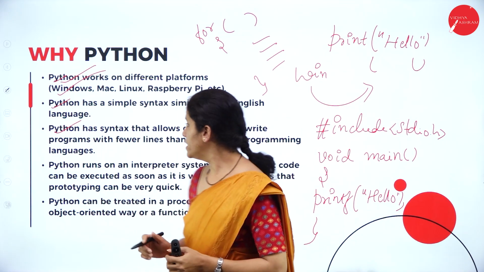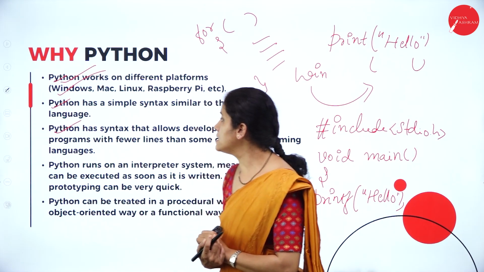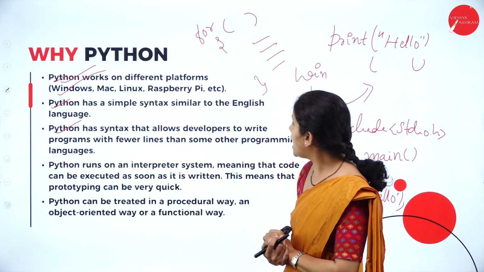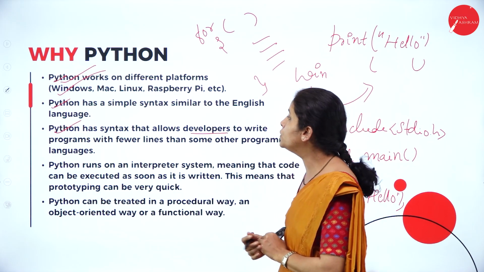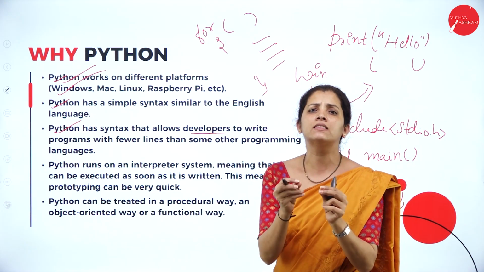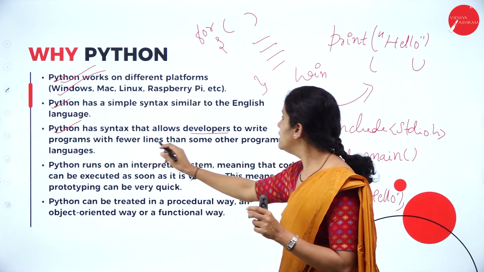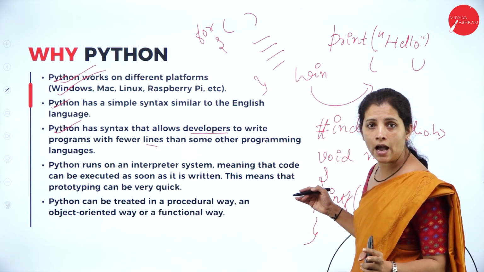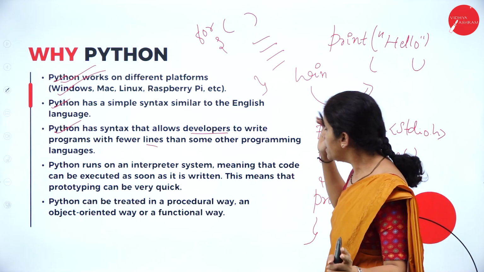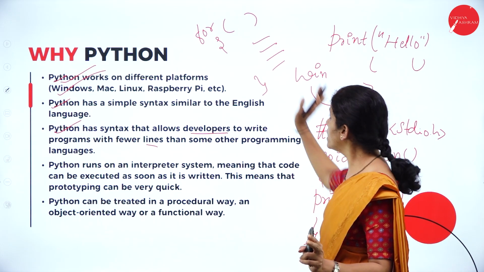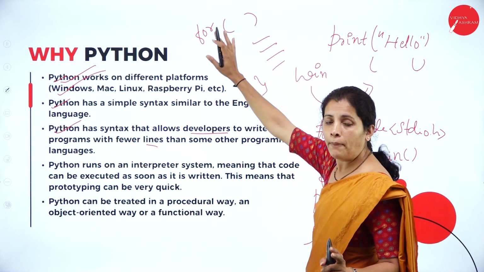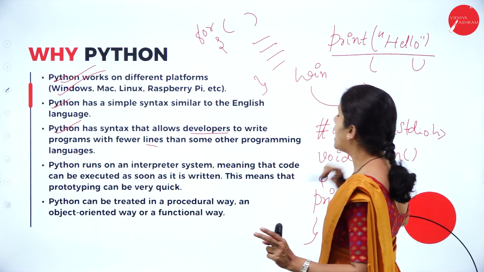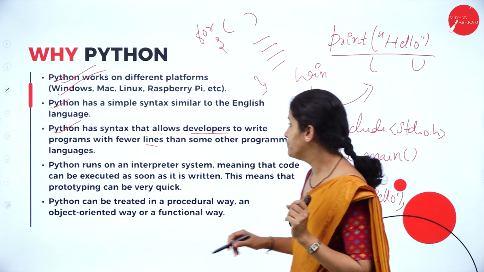Okay, so here Python has syntax that allows developer to write the program with few lines. See, if I consider C programming, how many lines I have? Total 5 lines. If I translate same program to Python, how many lines? I have only one line.